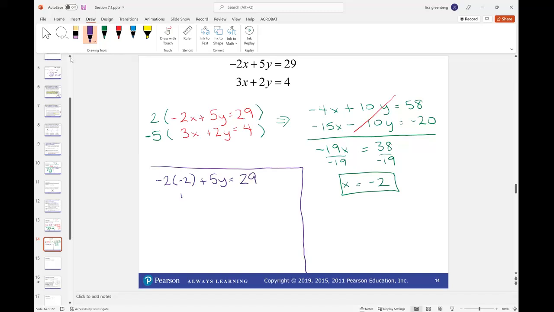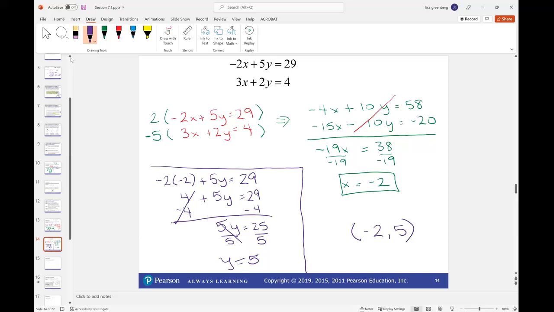This becomes 4 plus 5y equals 29. I subtract 4 from both sides. This cancels, and I get 5y equals 25. Divide both sides by 5, and I get y equals 5. So again, I get the same ordered pair -2, 5.